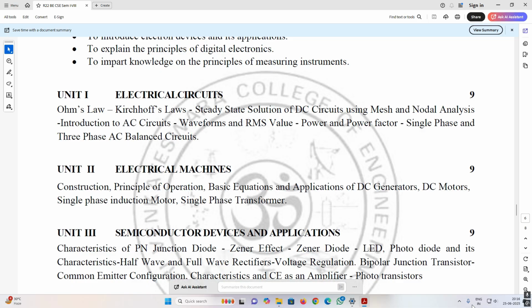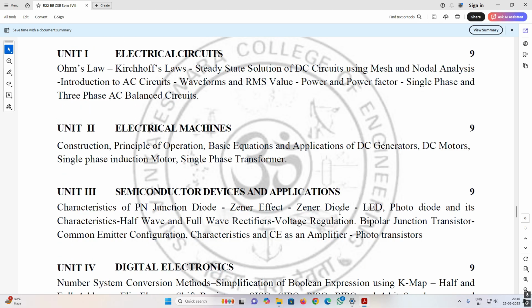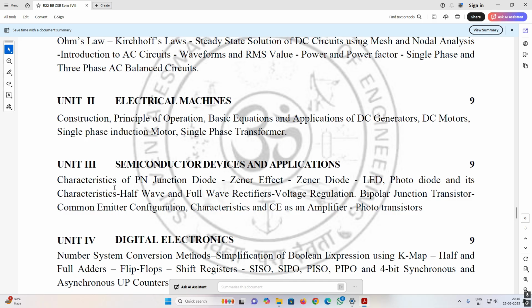So here first you will study characteristics of p-n junction diode, Zener effect, Zener diode, LED means light emitting diode, photodiode and its characteristics, and then we shall go on to study the concept of half wave and full wave rectifiers, voltage regulation.